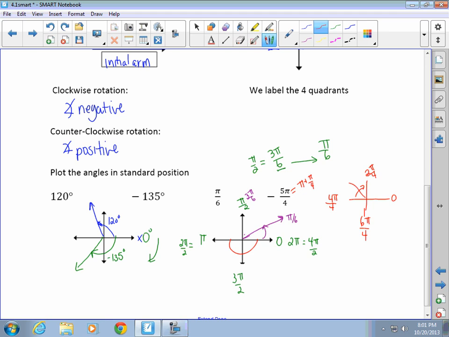So that means that this would go halfway in between, and I would end right there. So that would be negative 5 pi over 4. Half of my circle is going to give me a full pi, so 4 pi over 4. I need another 1/4 pi in order to get that 5 pi over 4.